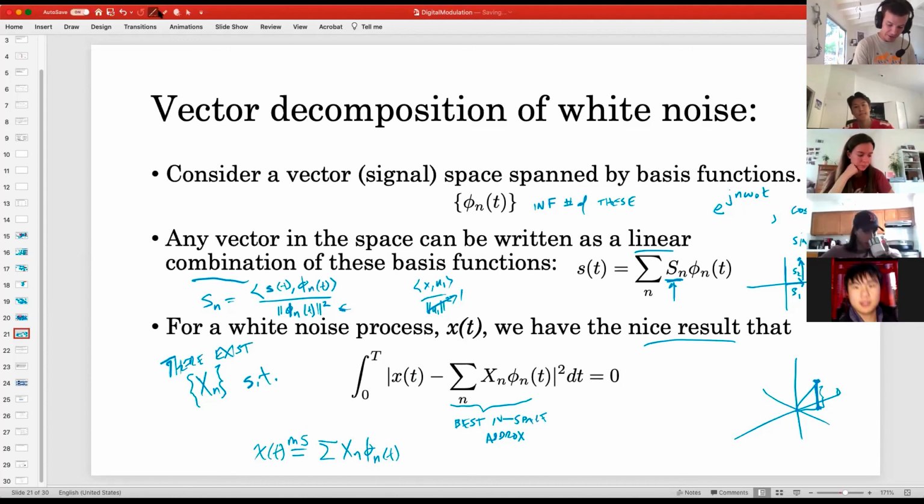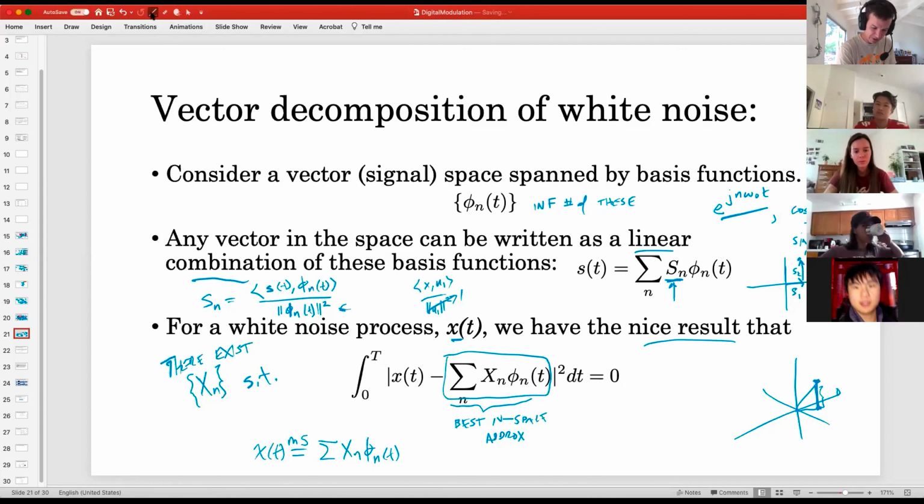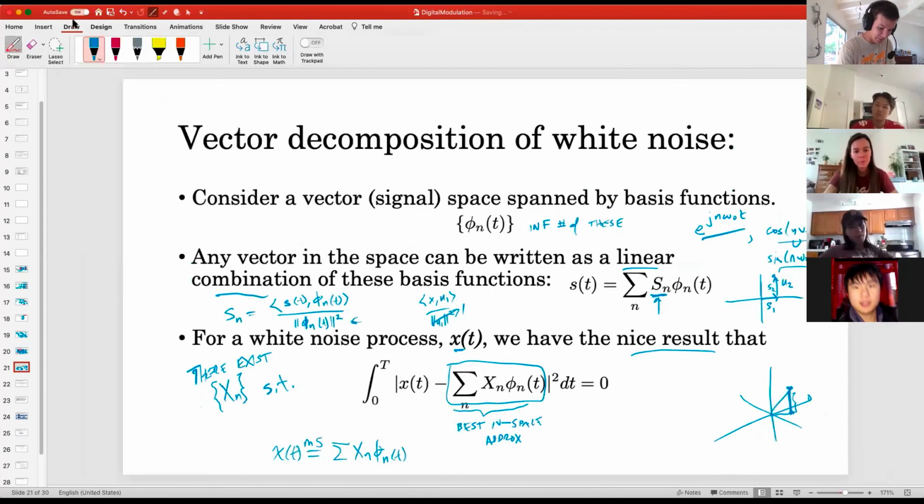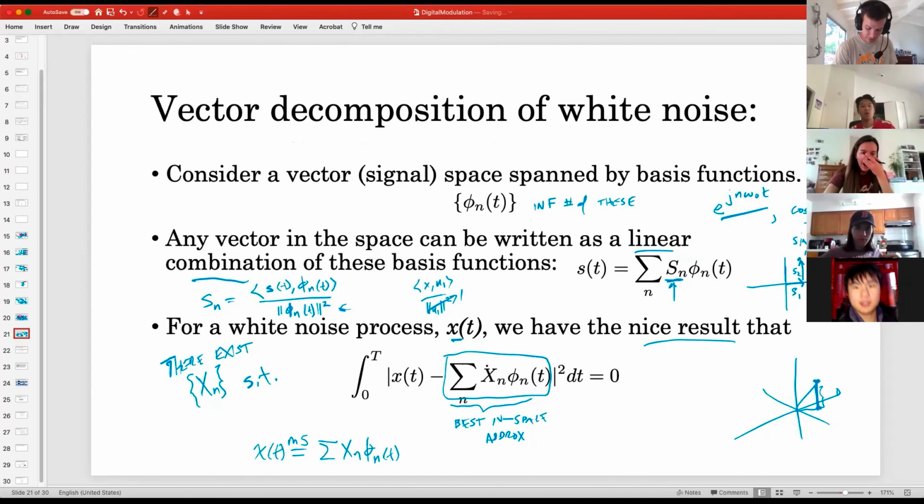Now, that all sounds well and good until you actually start to think about it for half a second, because if this is a noise process, that means it's random, right? And what part of this is random? Not the basis functions, right? The basis functions are things like deterministic sines and cosines, deterministic complex exponentials. And so, by process of elimination, these have to be random.